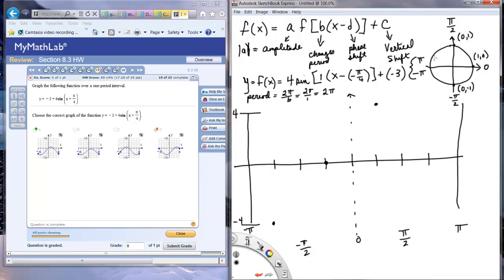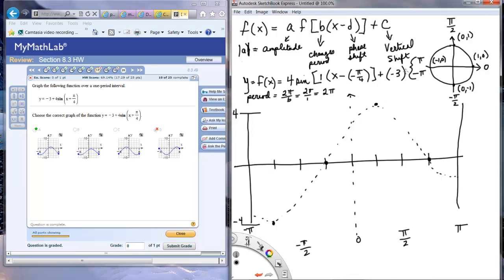This is the point negative 1, 0. The sine of pi is 0. Shift it over, pi over 4. Apply the amplitude. It's still 0. So we have a graph that looks like this. I'm just dotting it now because we're not really done with the graph.